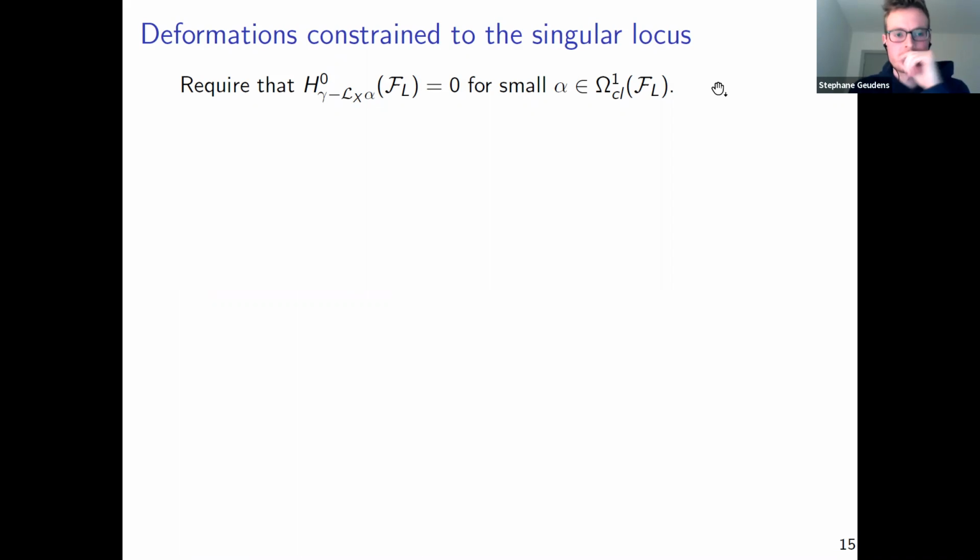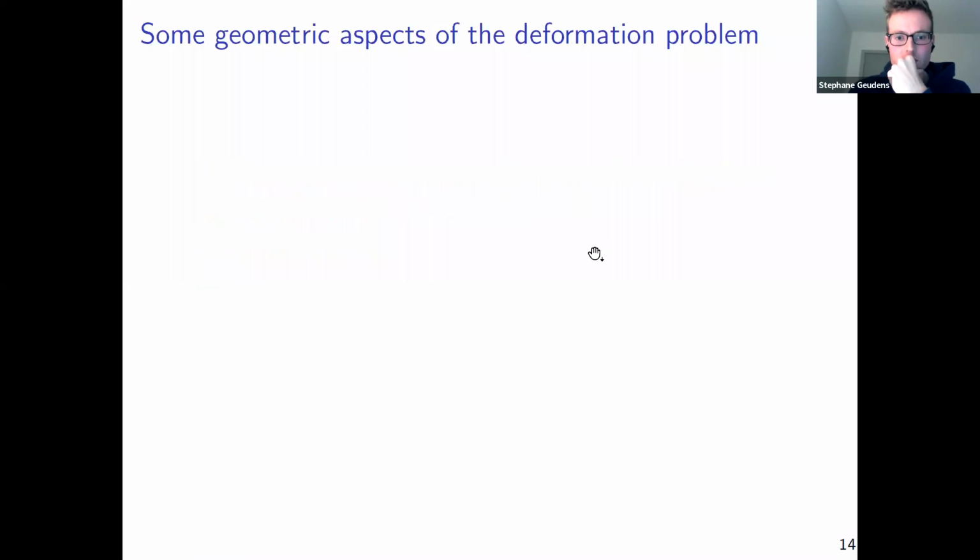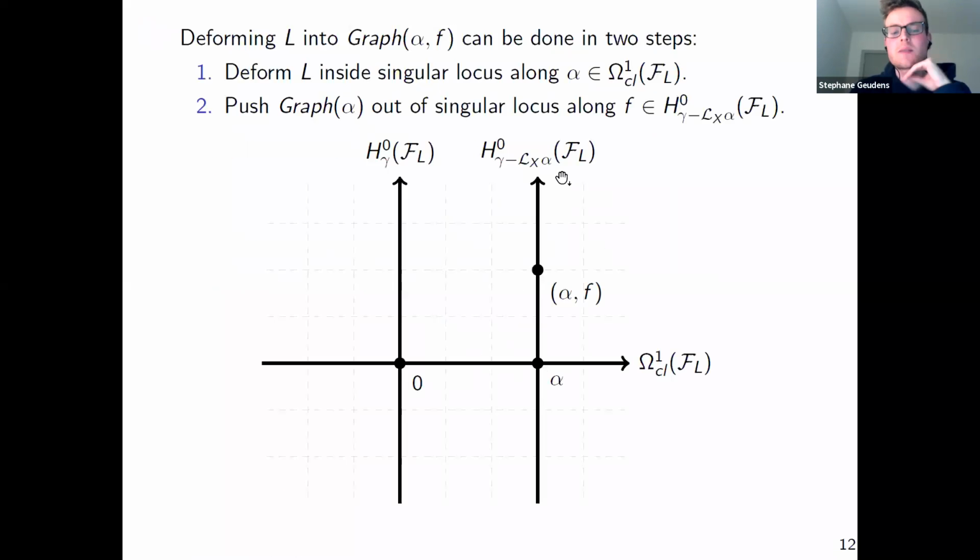Okay, so first, let's look at when deformations stay inside the singular locus. If we look at the picture here, I said alpha means deforming inside the singular locus, and F means going outside it. And this F has to belong to this cohomology group. So asking that small deformations stay inside the singular locus means that we should ask this cohomology group is 0 for small alpha.